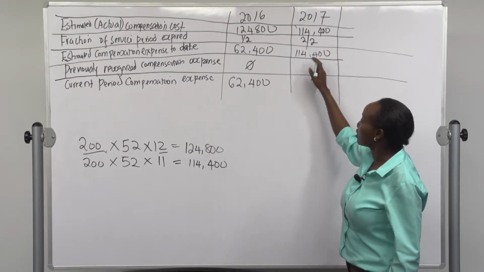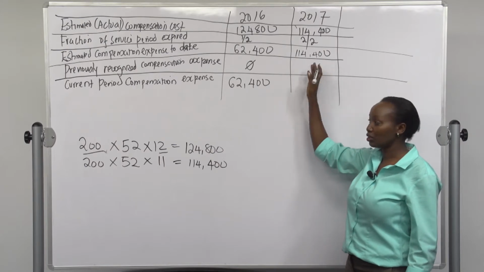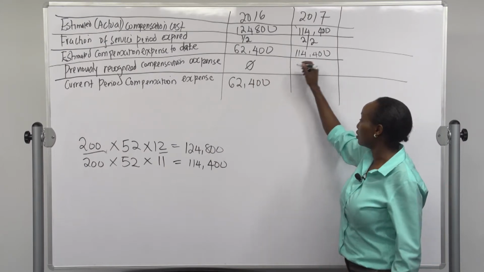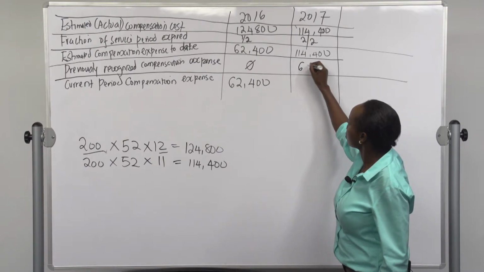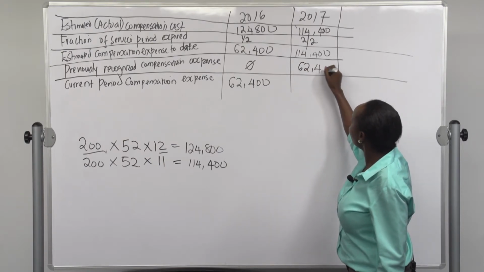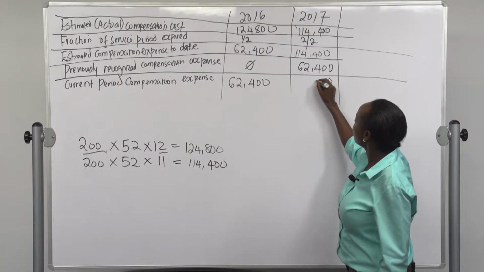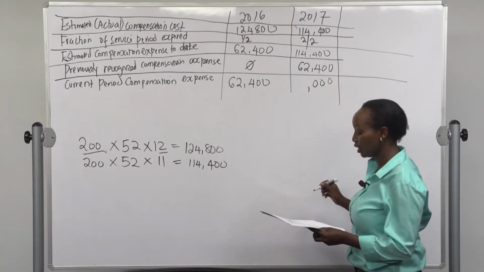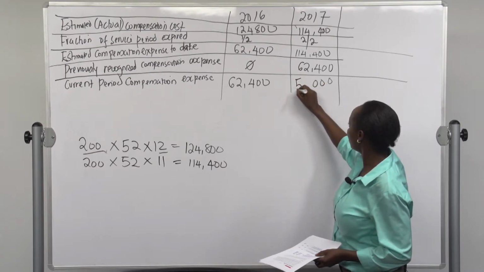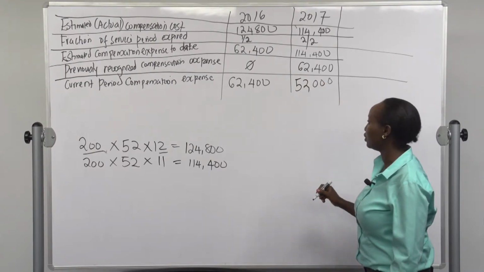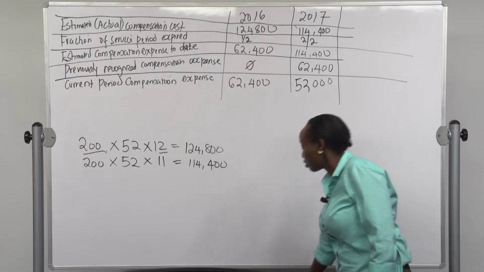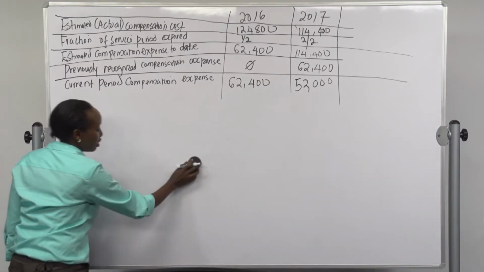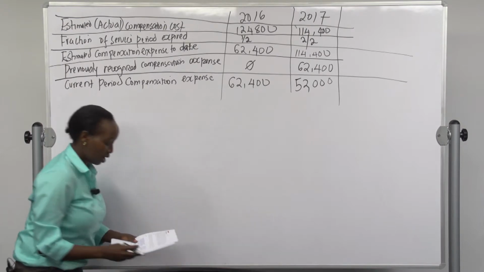Since this covers 2 years, we subtract the 62,400 already recognized in the prior period, and we get 52,000 as the compensation expense for 2017.